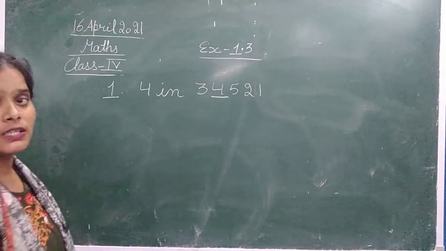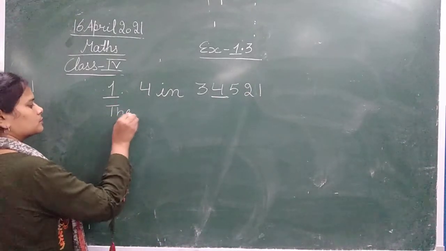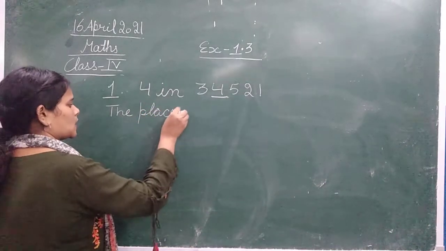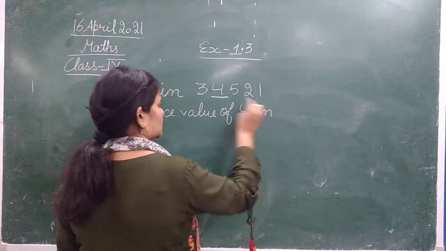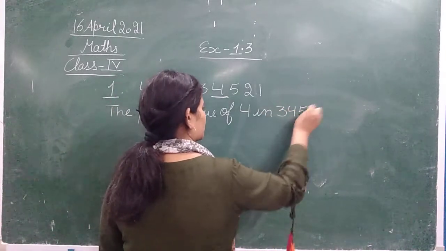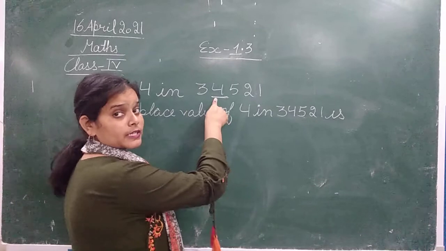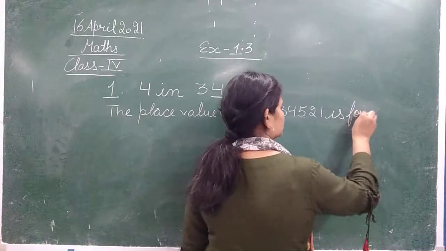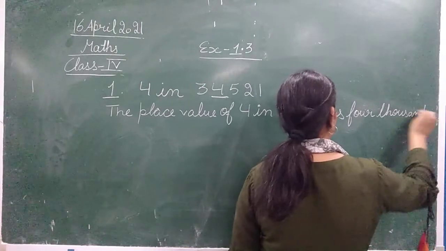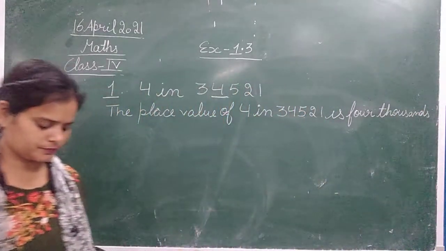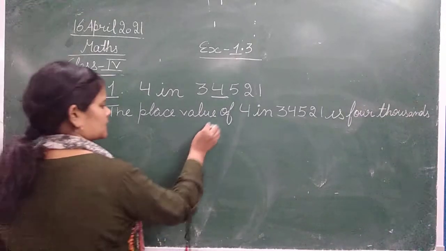So the place value of 4 in 34,521 is 1000, that is 4,000.